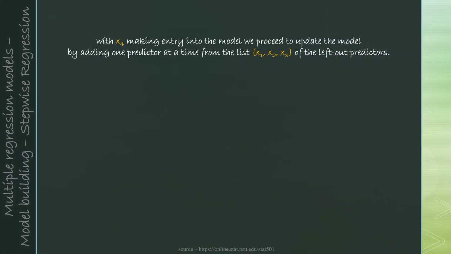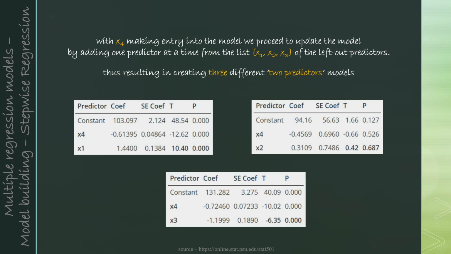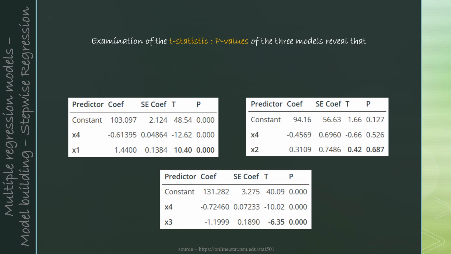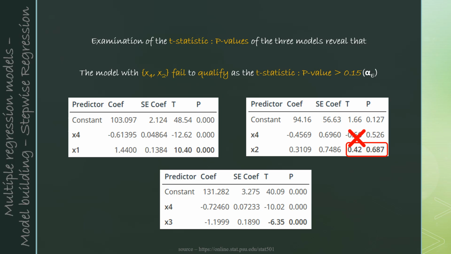With x4 making entry into the model, we proceed to update the model by adding one predictor at a time from the list x1, x2, x3 of the left out predictors, thus creating three different two predictor models. Examination of the t-statistic p-values of the three models reveals that the model with x4 and x2 failed to qualify as the t-statistic p-value of x2 in this model is greater than 0.15.